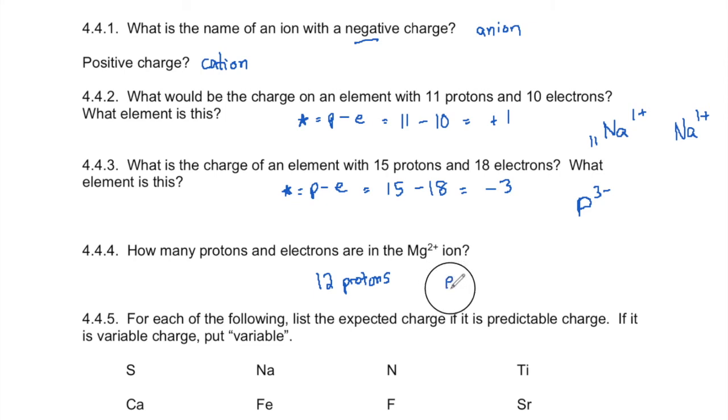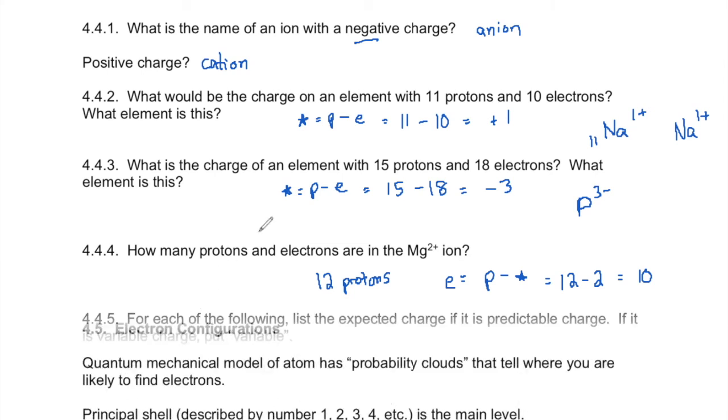So the electrons we can calculate by taking the number of protons and subtracting the charge. So that is 12 protons minus a +2 charge. So there would be 10 electrons on the magnesium +2 ion.